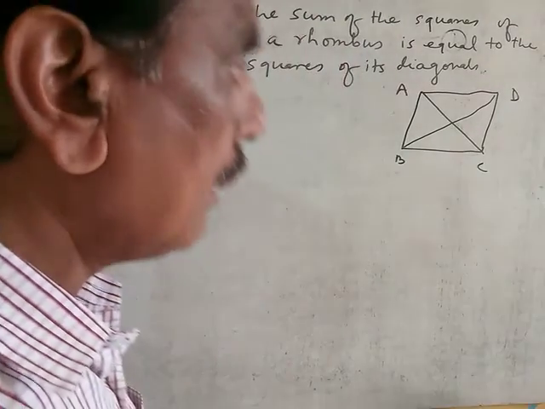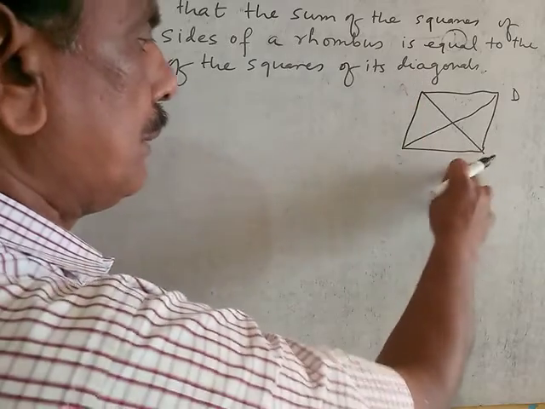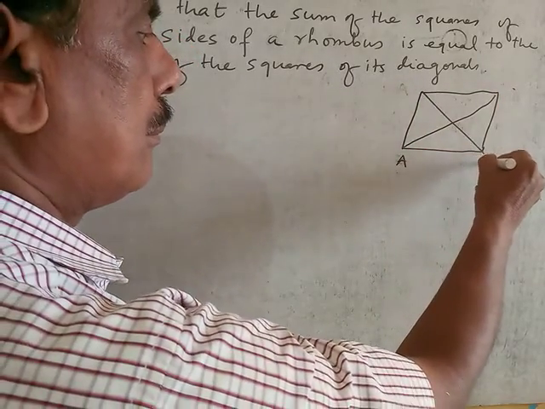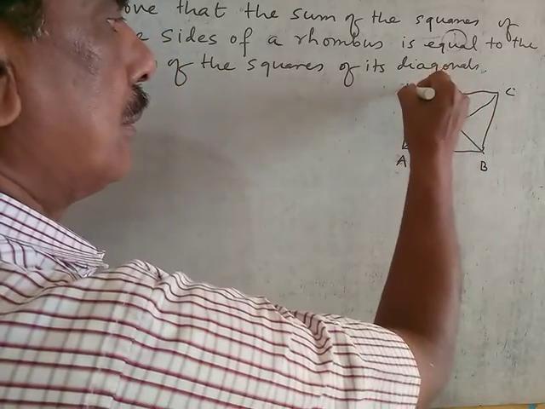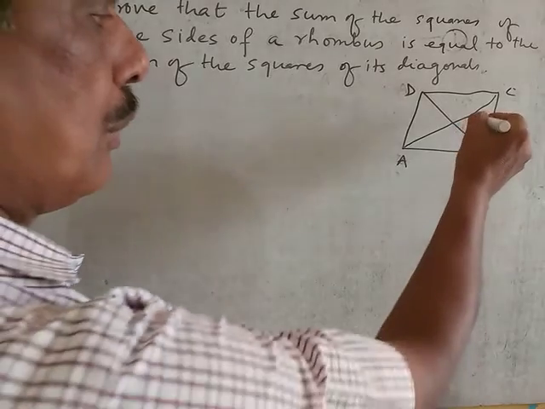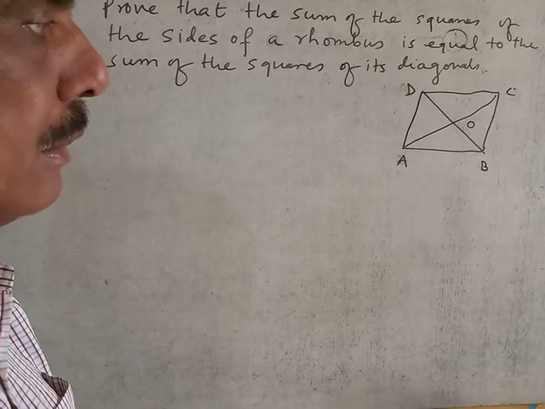The naming should be done in this way. This is A, this is B, this is C, this is D. The diagonals of a rhombus intersect each other at right angle.